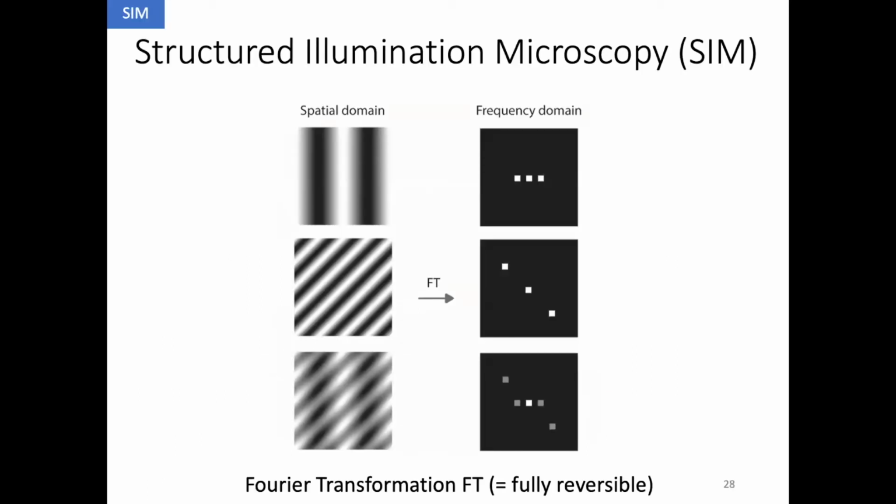The first one is kind of the hardest to understand. In structured illumination, we're not going to illuminate our sample with just a normal beam of light. In a normal microscope, you have a lamp that shines a uniform bundle of light on your sample. In structured illumination, we do that differently, and we make use of what's called the Fourier transformation. If I take this image and do a Fourier transform, I will get this image.